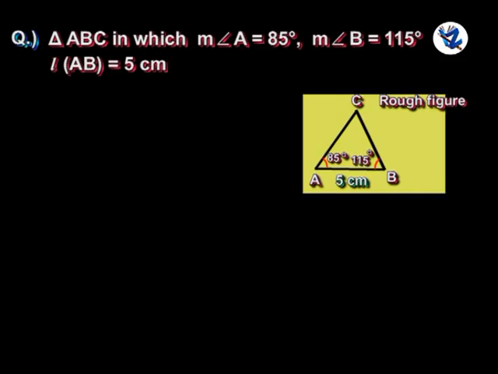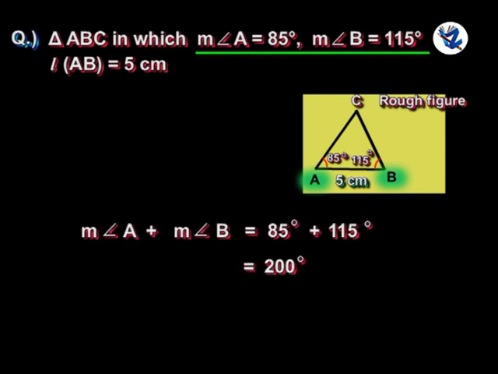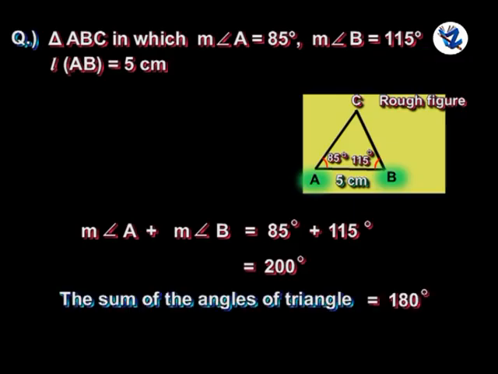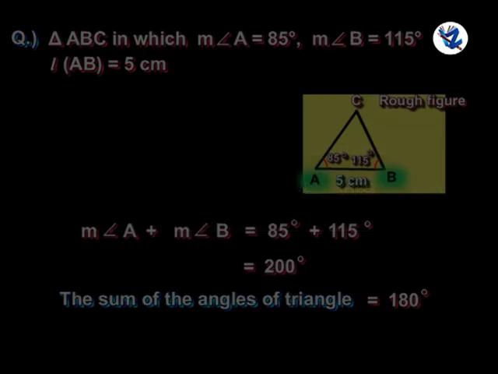If you see carefully, the addition of the measurements of the two given angles is 115 plus 85 is equal to 200 degrees. That means we will not be able to draw this triangle because the property of a triangle is the addition of all the three angles of a triangle is equal to 180 degrees.